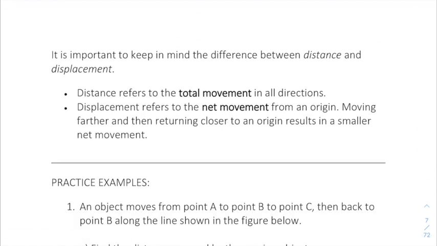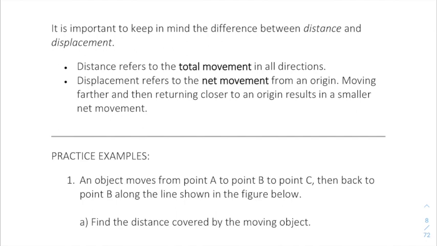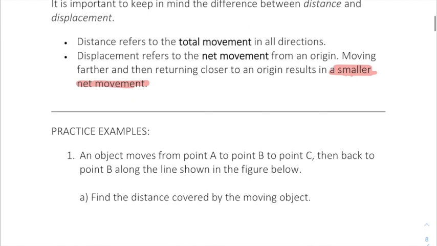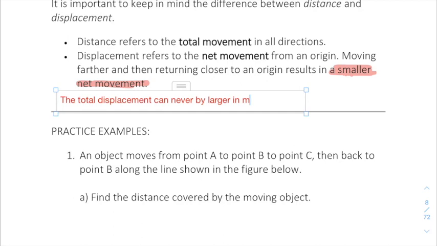So it is important to keep in mind the difference between distance and displacement. Distance refers to total movement in all directions. Displacement refers to the net movement from an origin. Moving farther and then returning closer to an origin results in a smaller net movement. So often there's a limitation here that the total displacement can never be larger in magnitude than the total distance traveled.